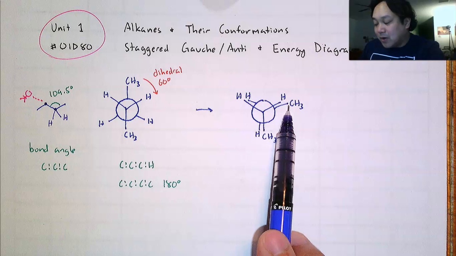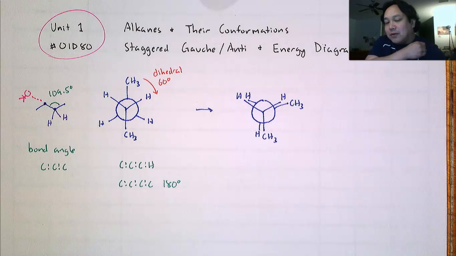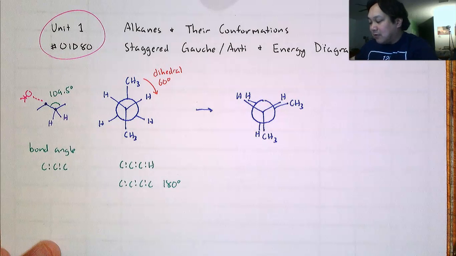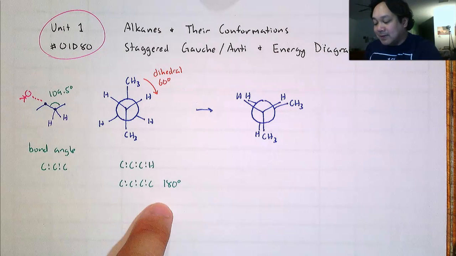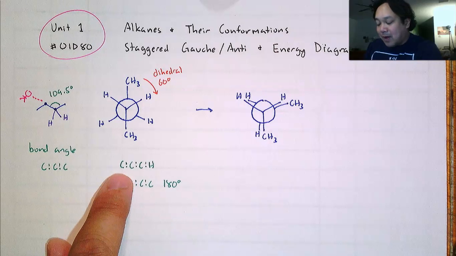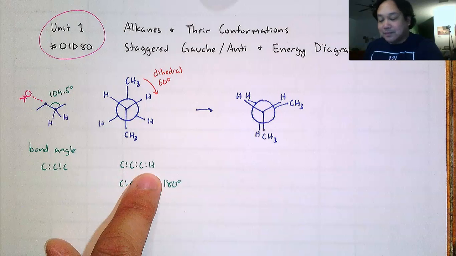That is 120. And you'll get used to this as we go through this video. So that's dihedral angle. It's the angle made by the 2 planes that are defined by 2 sets of 3 atoms, the CCC in this case and the CCH.